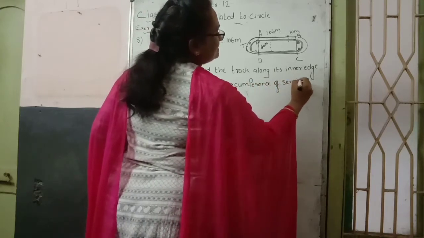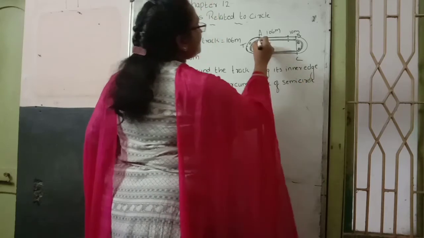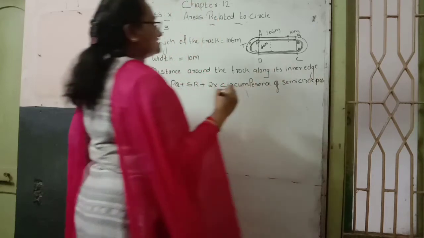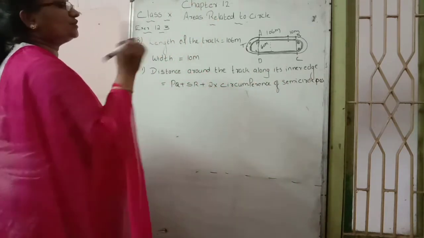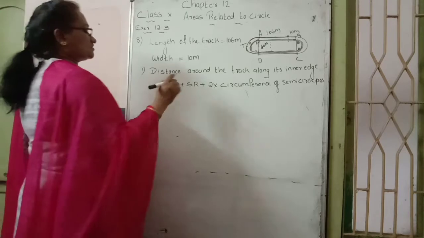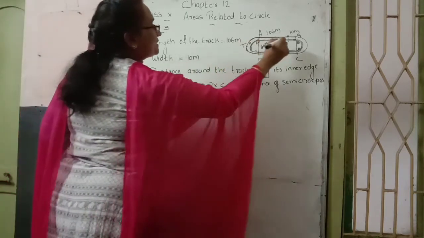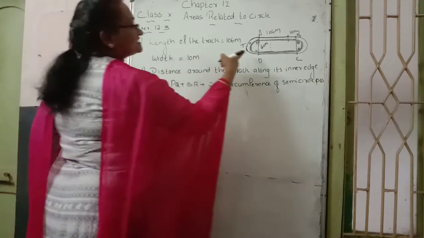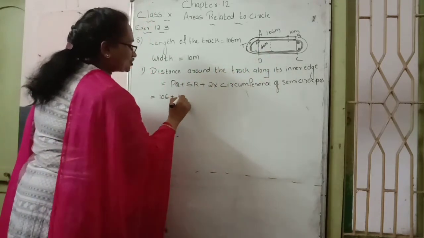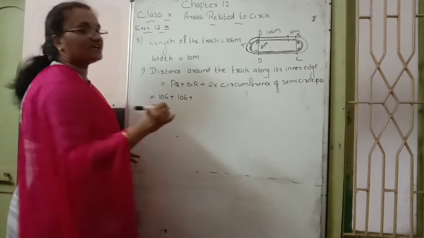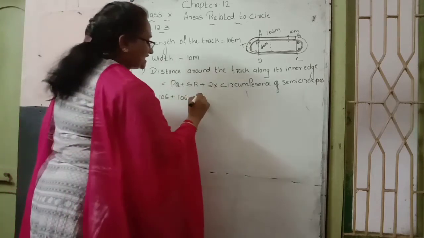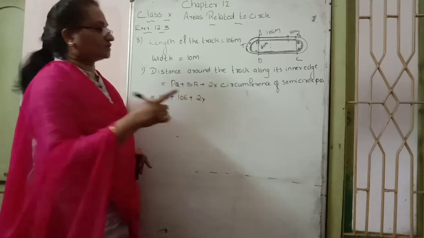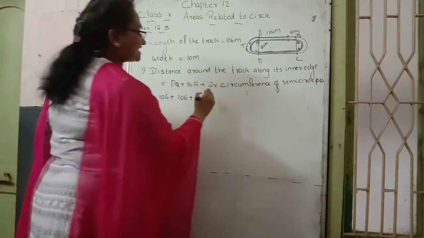2 times the circumference of the semicircle. We name the semicircle POS, so we need the circumference of two POS semicircles. The PQ value represents the length of the track, which is 106. The SR value is also the length of the track, 106 meters, plus 2 into the circumference of a semicircle.